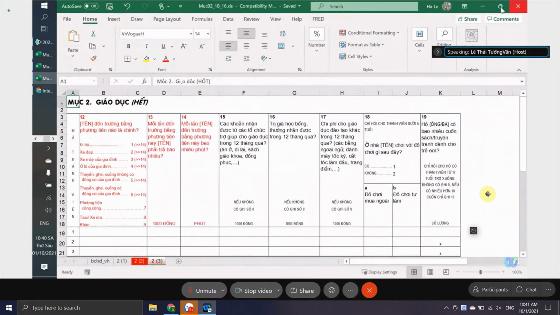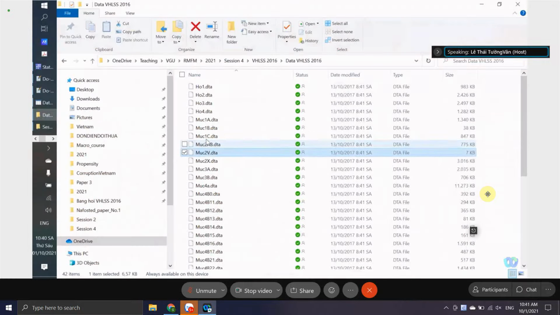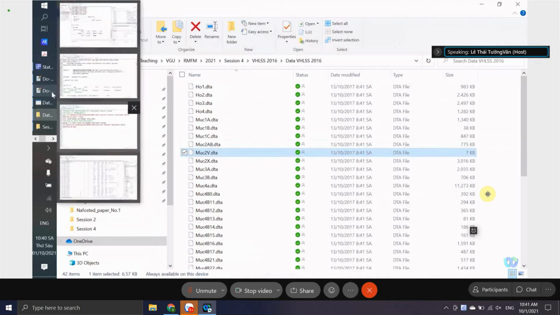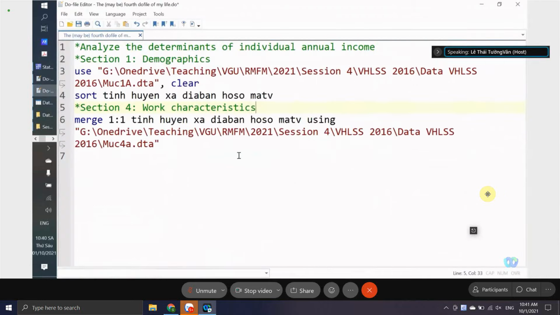So you may copy this mục 2AB name, and go back to your merge section. You say that now I will merge section 2 education.